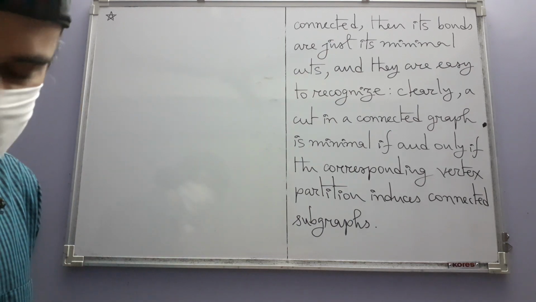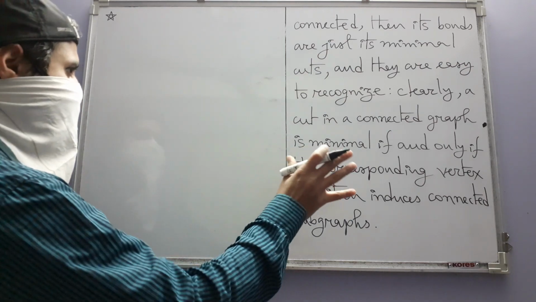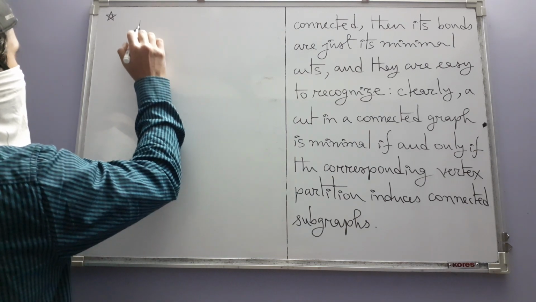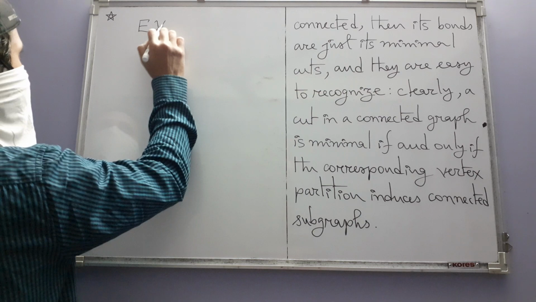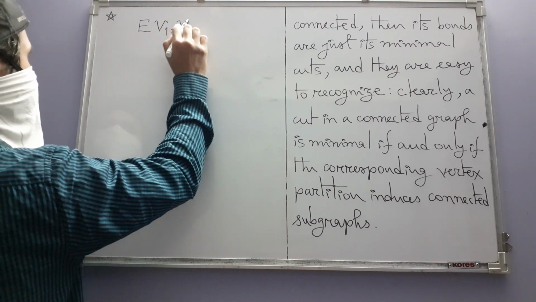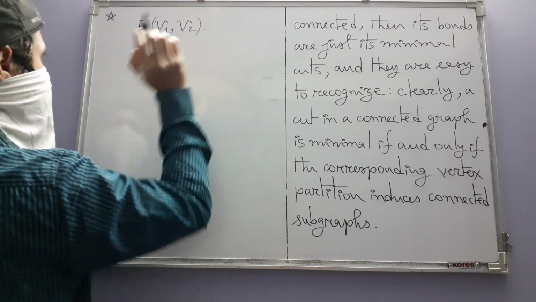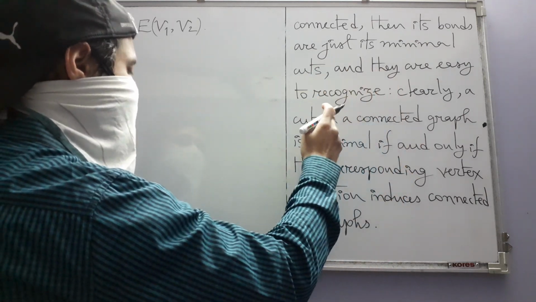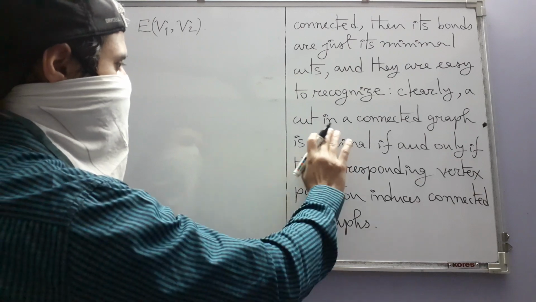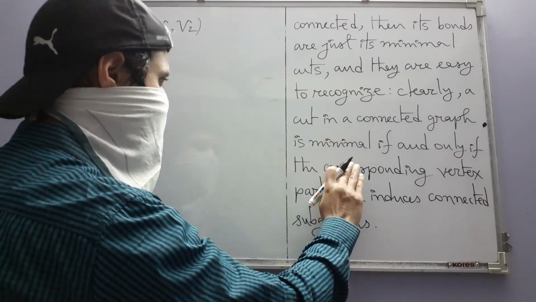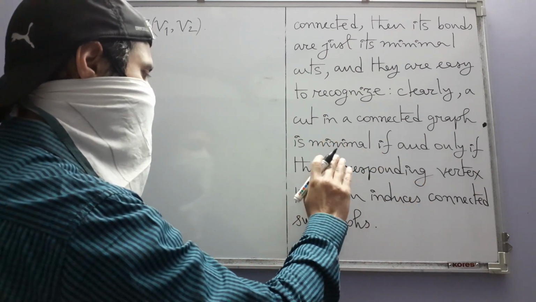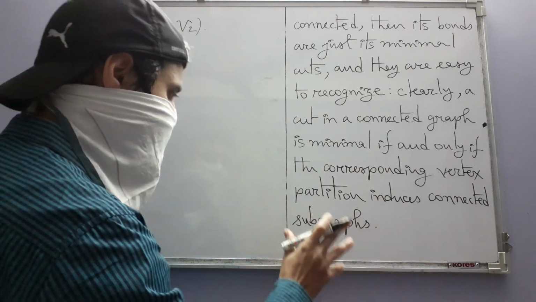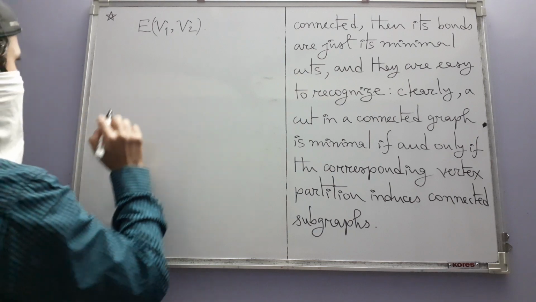So here's the thing. Say you have a cut. What he says is that, in a connected graph, this is minimal if and only if the corresponding vertex partition induces connected subgraphs.